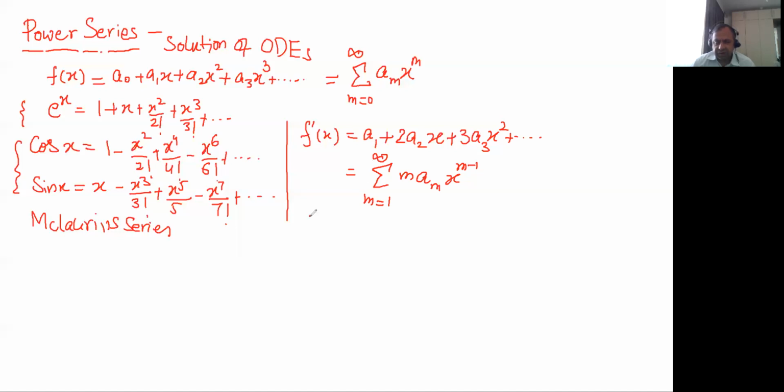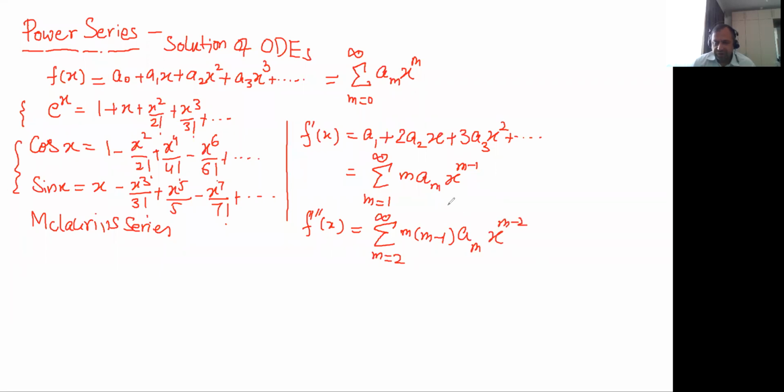Similarly, the second derivative for this series can be represented like this. In this case, m will go from 2 to infinity, and then m minus 1 will also come over here. So m times m minus 1 into am and x power m minus 2.